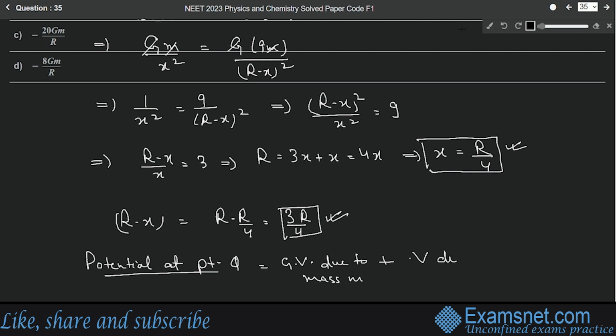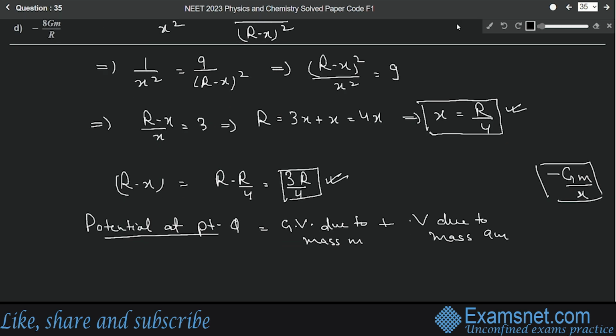Now we know that the formula for gravitational potential is minus GM by x, where x is the distance. So due to mass m, it will be minus GM by x, and due to mass 9m, it will be minus G into 9m upon (r minus x).